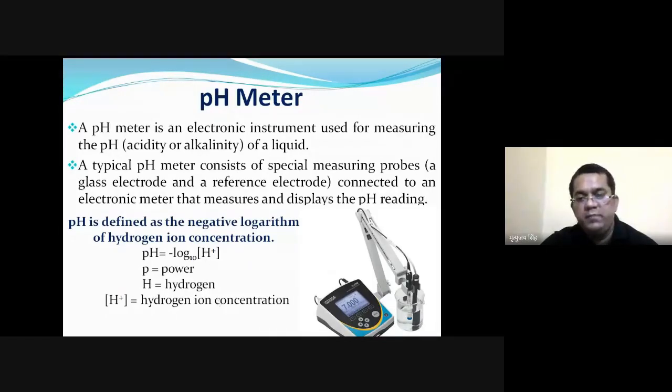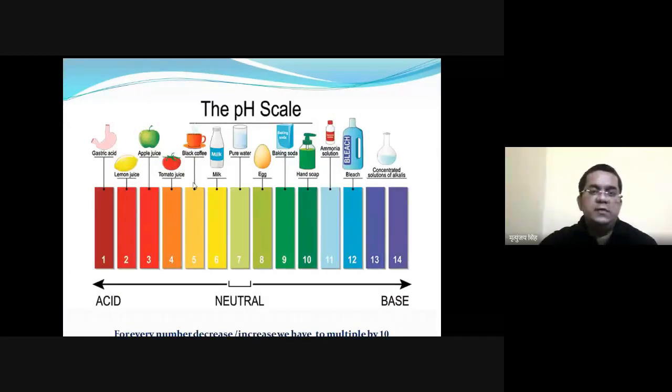This is a picture of a pH meter. This is the pH scale. It's 0 to 14. These are examples which contain the pH value, like gastric juice contains pH value 1. For every number decrease or increase, we have to multiply by 10.